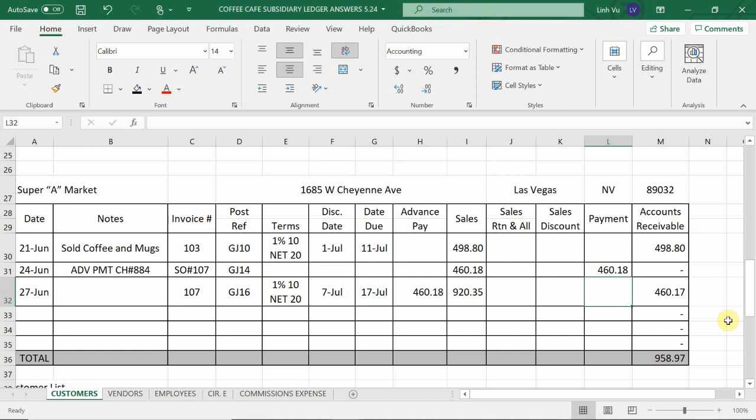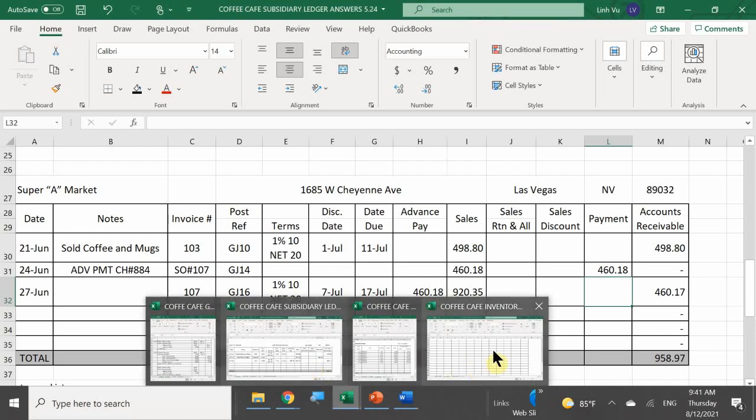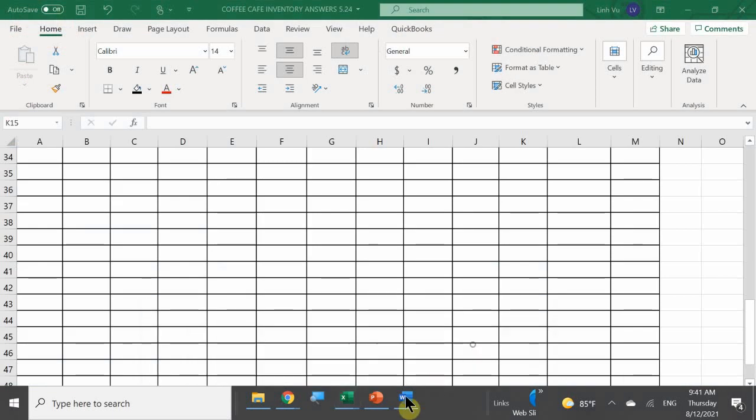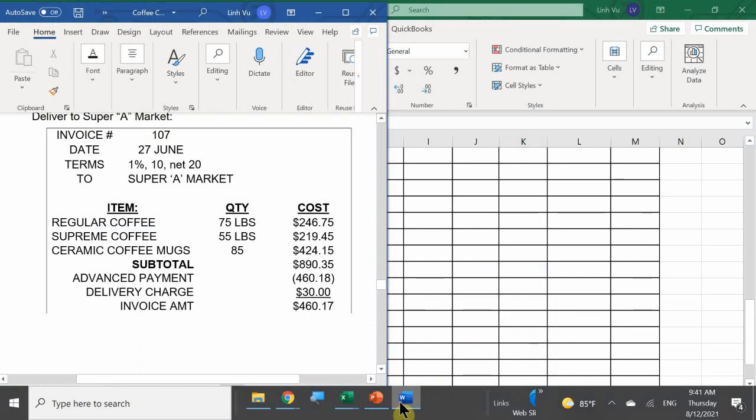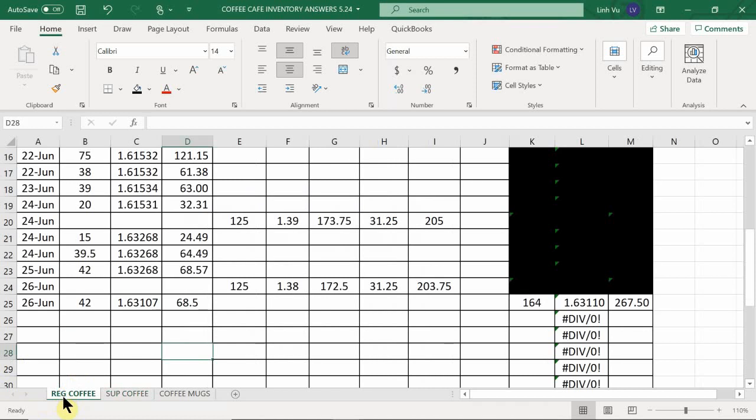All right, so I believe that is it for the sale portion of the transaction. And now we need to go into inventory to adjust. So 75 for the regular and 55 for the supreme.